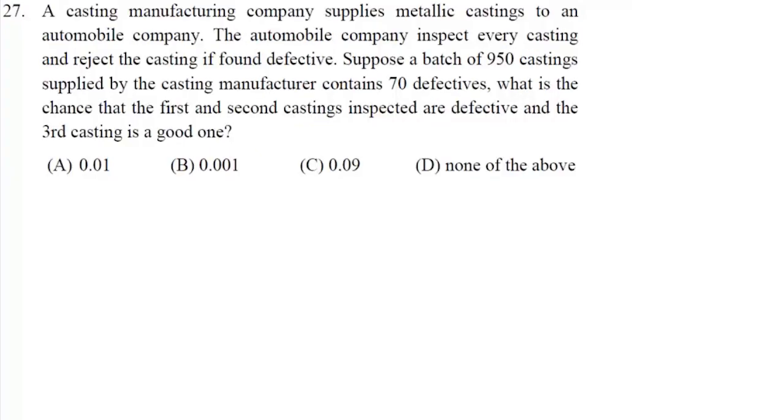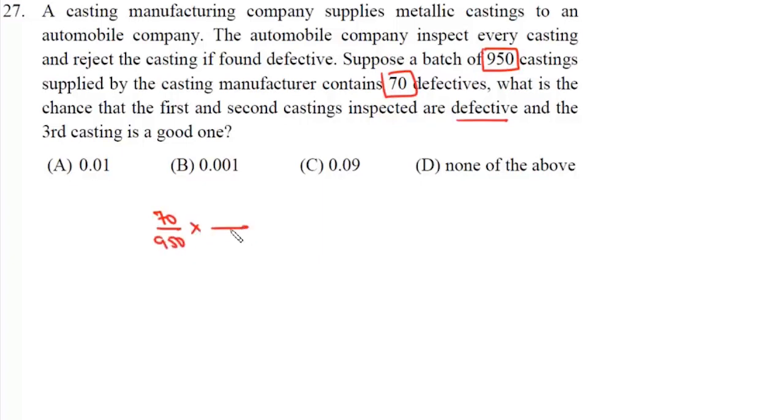Now here the question is, a casting manufacturing company supplies metallic casting to an automobile company. The automobile company inspects every casting and rejects the casting if found defective. Now suppose a batch of 940 casting is supplied by the manufacturer containing 70 defective. What is the chance that first and second casting inspected are defective and third is good? Now if first is defective, then its probability will be 70 divided by 950.